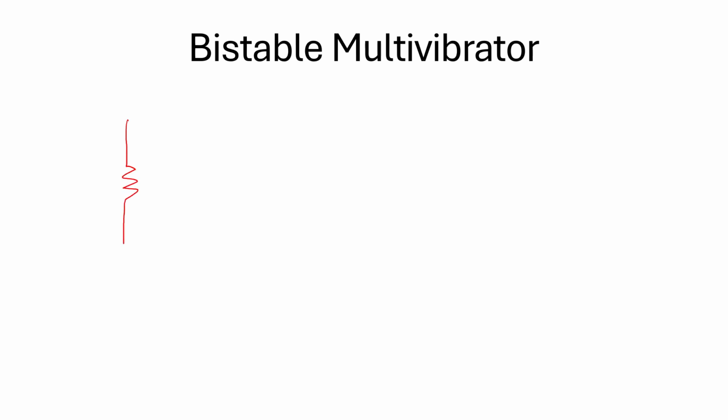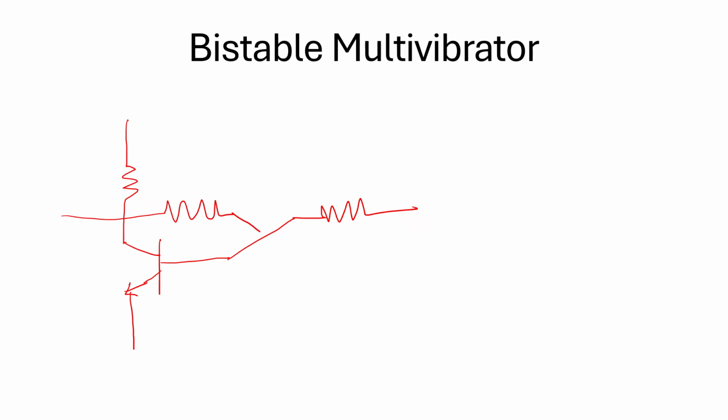I'll move on to draw the circuit diagram of a bistable multivibrator. So here two transistors are connected back-to-back. Resistors being coupled. The resistor of collector Q1.